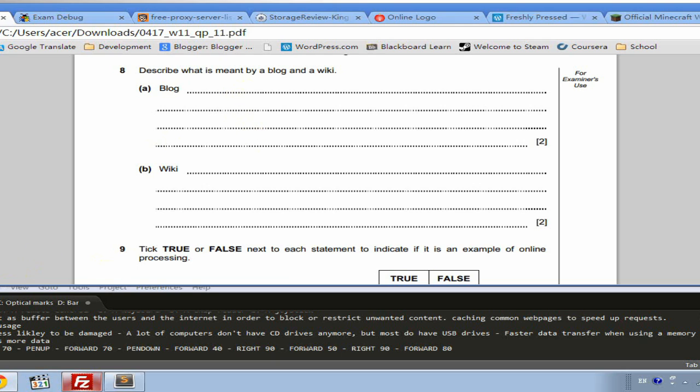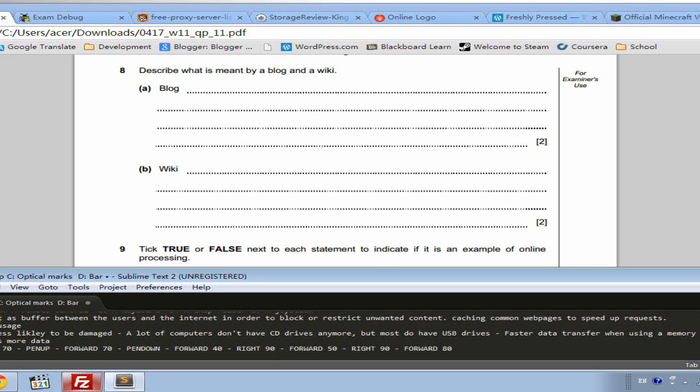So what is meant by a blog, a wiki? Again, there's varying answers, but we could say a blog is a personal journal, often ordered chronologically, it's by a single user.